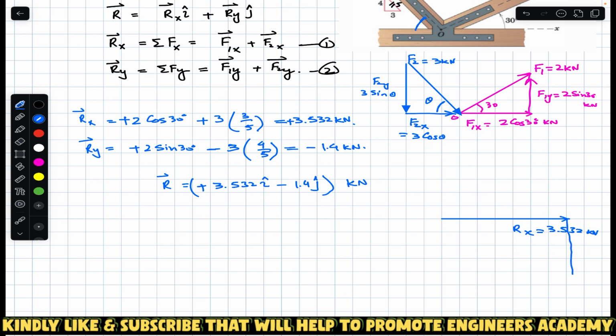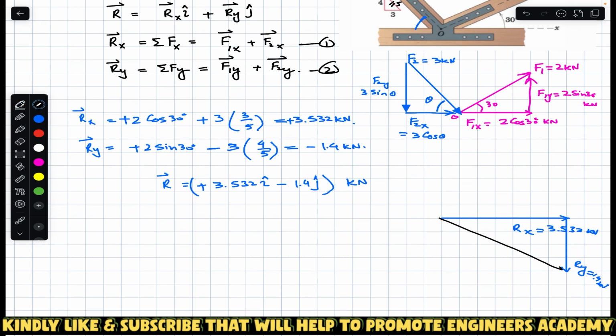This is the Ry, with a magnitude of 1.4 kilonewton, and the sum of both of these components is the resultant.